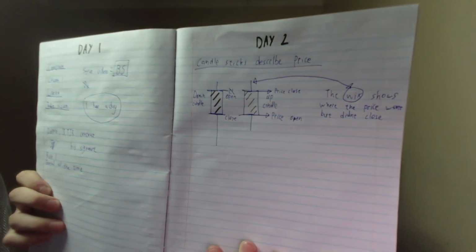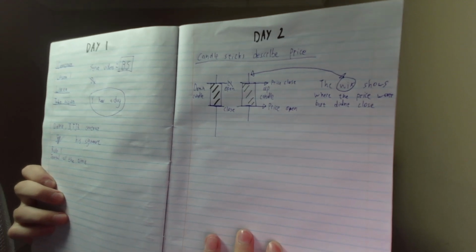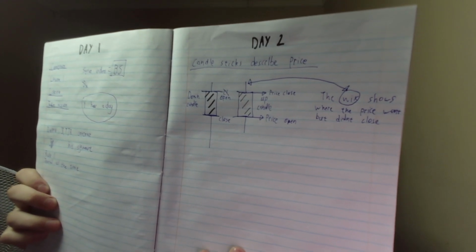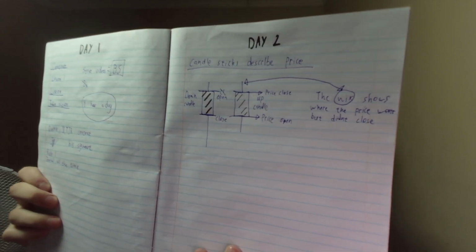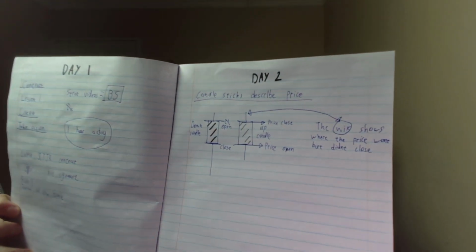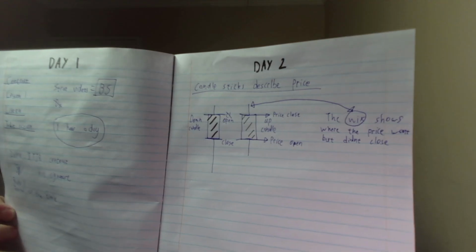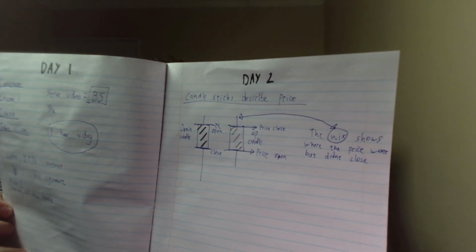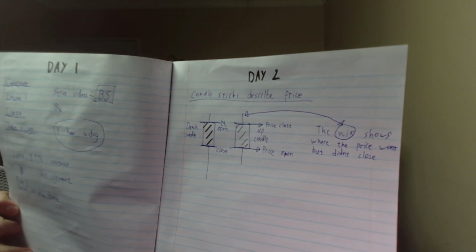That's day one. This is day two. So candlesticks describe price. The wicks show where the price went but didn't close. You can see I drew a little arrow from the wicks to the wicks. And at the top we have price close.